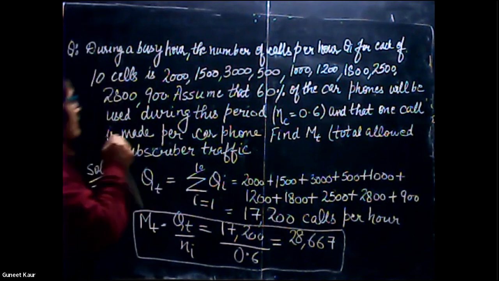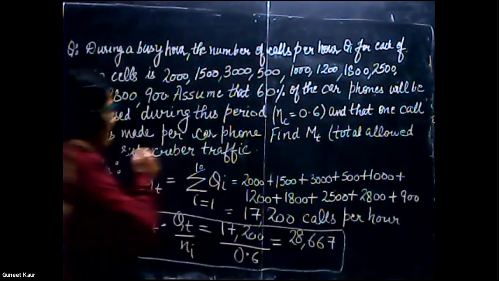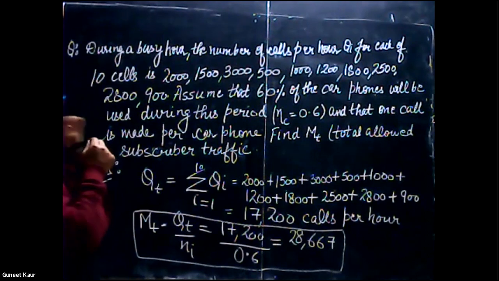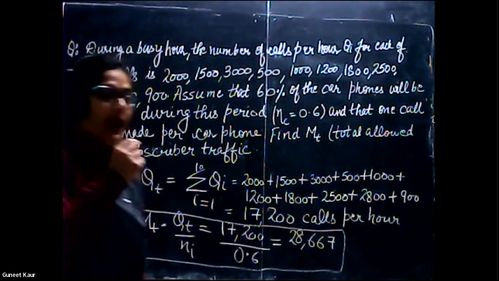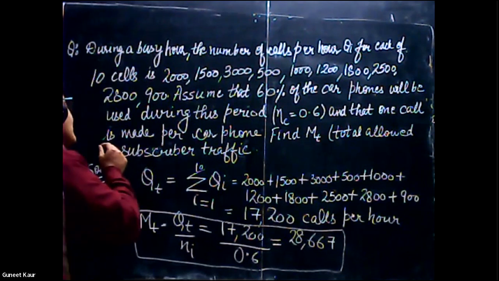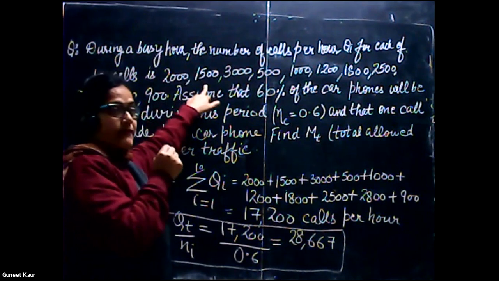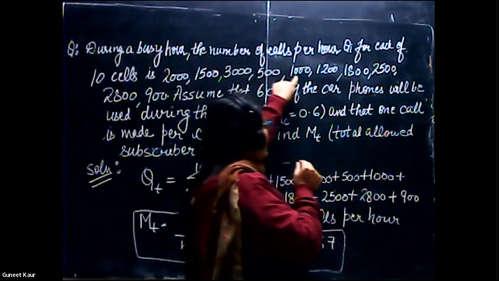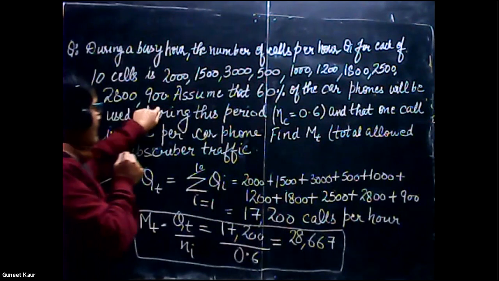During a busy hour, the number of calls per hour is given by Q_i, and for each of the 10 cells, the number of calls are 2000, 1500, 3000, 500, 1000, 1200, 1800, 2500, 2800, and 900.